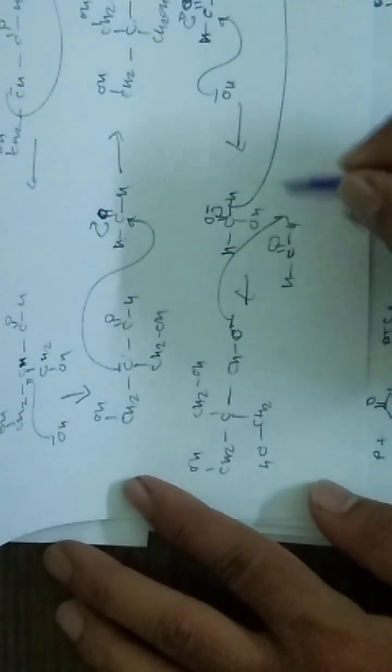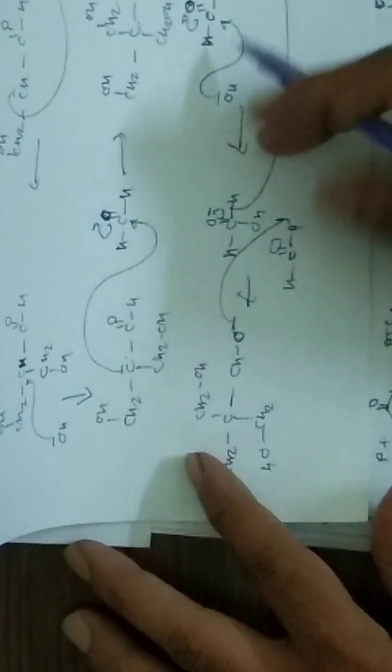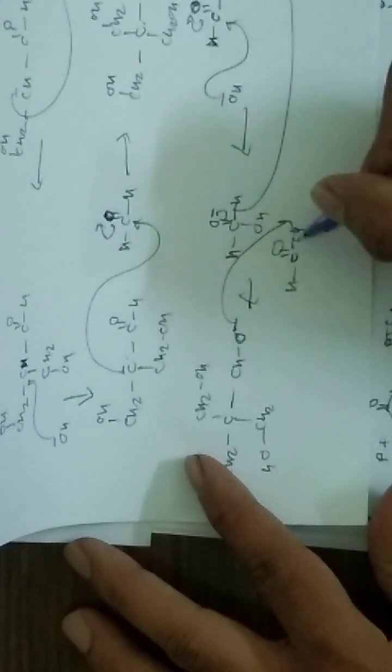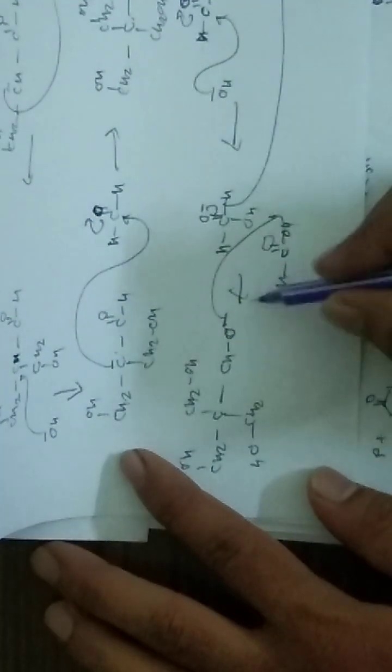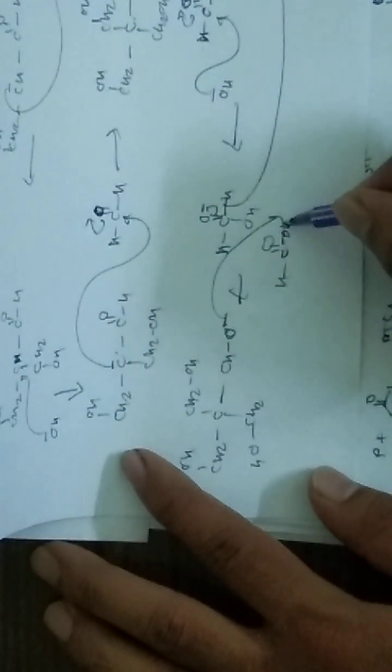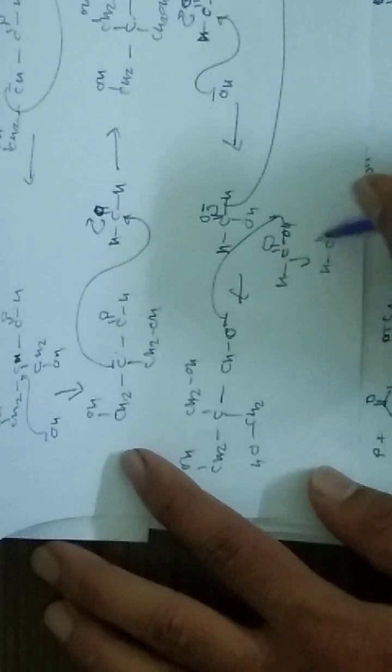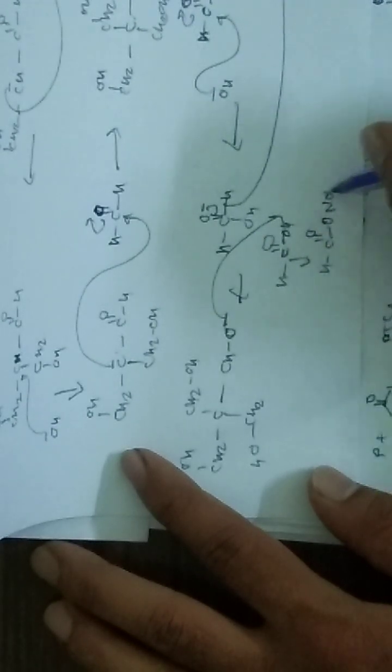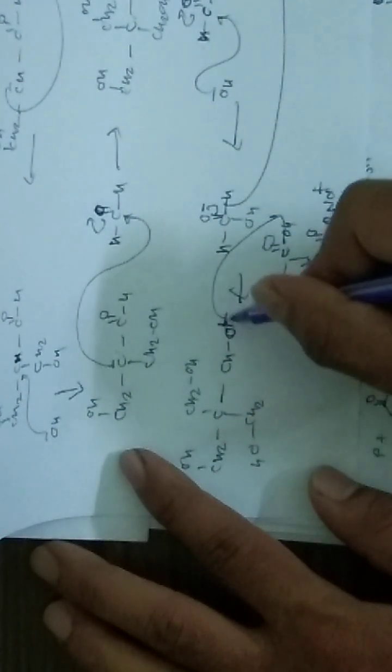Formic acid is formed. This will take a proton from that acid, and this will convert it to the sodium salt of formic acid, and this will convert it to OH.